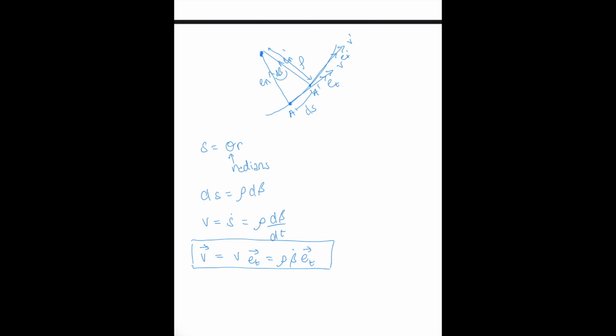Now for the normal unit vector, det is going to be equal to en multiplied by d beta, based on this equation over here, which can be simplified to et dot is equal to beta dot multiplied by en. This is another important equation we need to bear in mind.